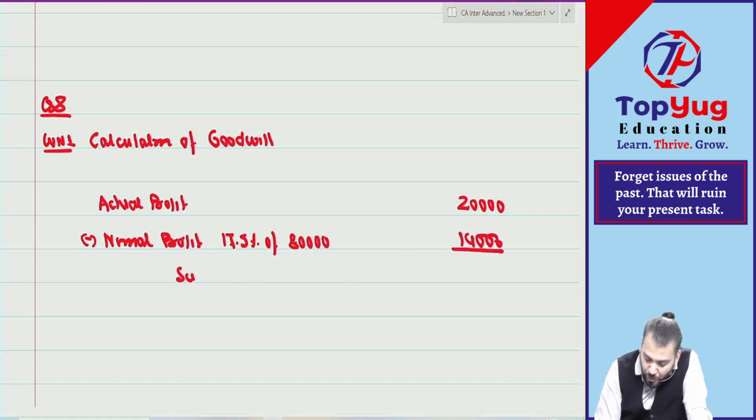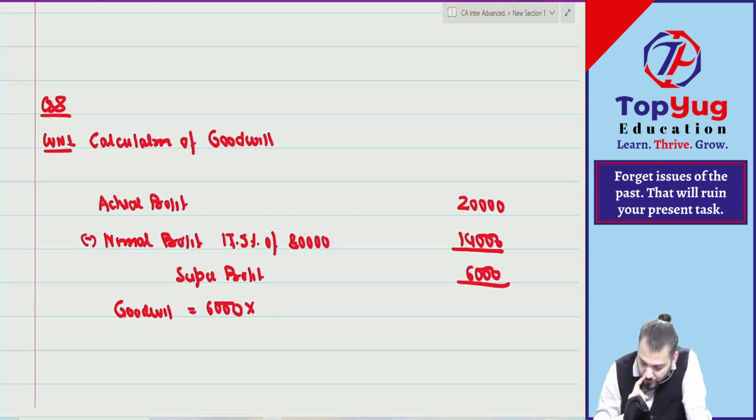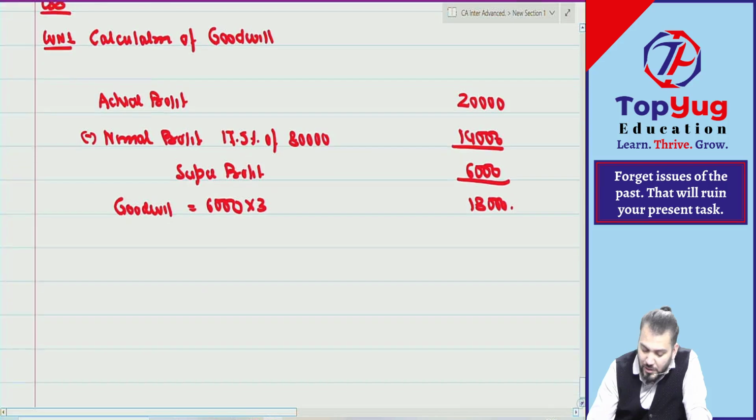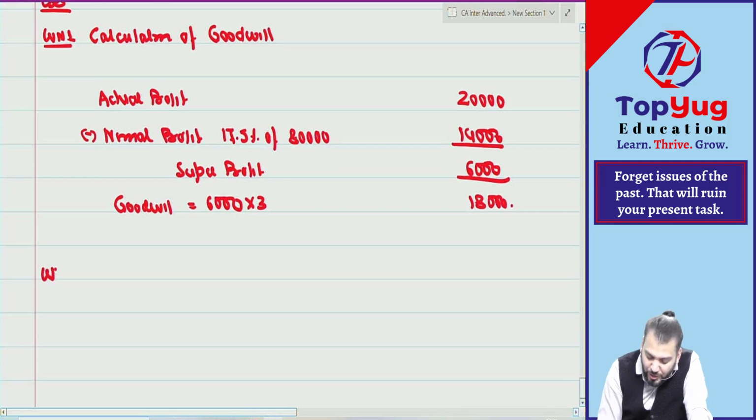What is super profit? Is equal to 6,000. So what is goodwill? 6,000 into 3 is equal to 18,000. In this question, PC also is not given. We need to calculate PC.